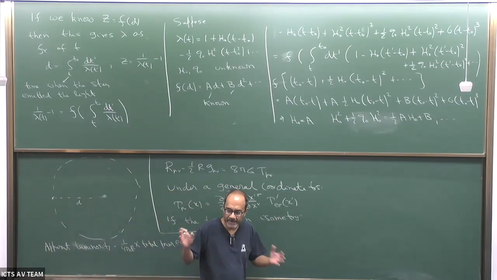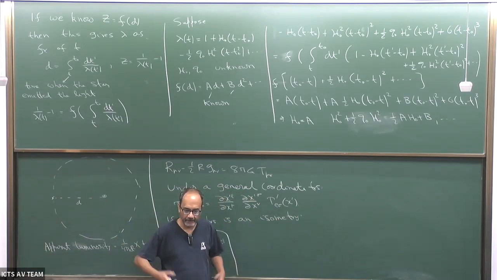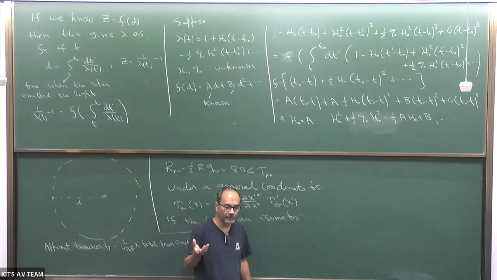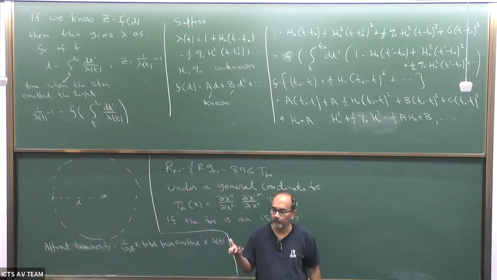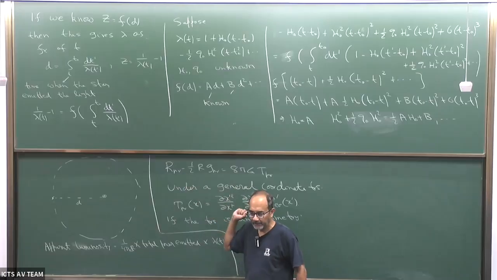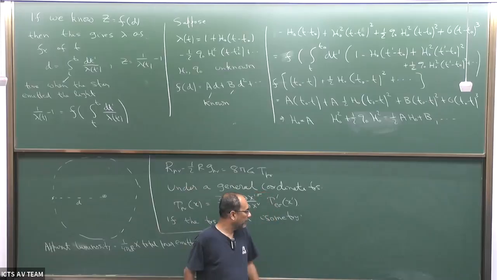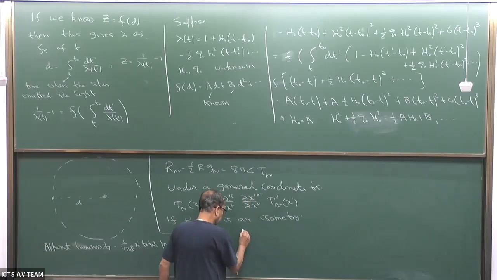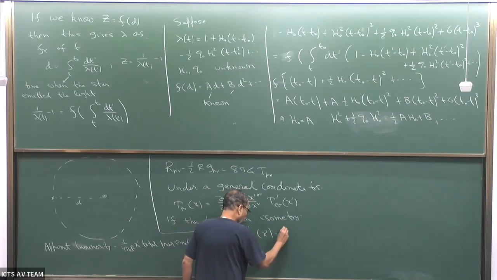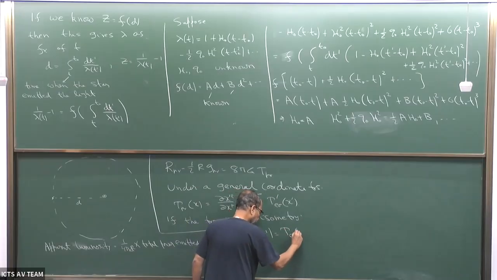And we demand the same thing for the functional form of all tensors that are present in the background. Because if the metric doesn't change its functional form, then T mu nu better also not change its functional form. Otherwise, there will be a contradiction between the two sides of the equation. So under an isometry, we expect that T prime rho sigma of x prime should be T rho sigma of x prime.